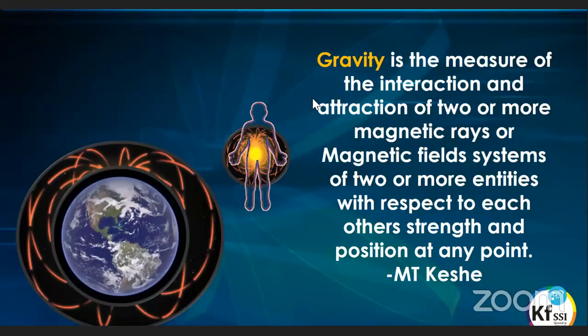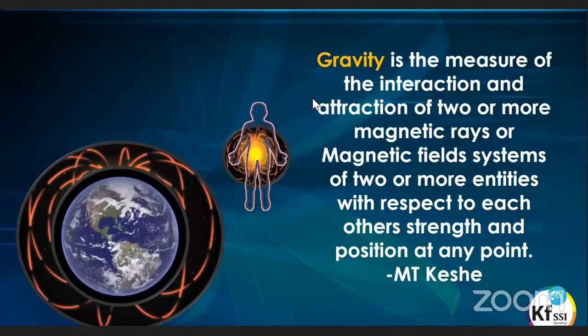And I just thought I'd bring this one in because I know Rick did ask the question in the very first part one in terms of gravity. So when we have a look at the Earth and ourselves, we could say that gravity is a measure of the interaction and attraction of two or more magnetic rays or magnetic field systems, or two or more entities with respect to each other's strength and position at any point.